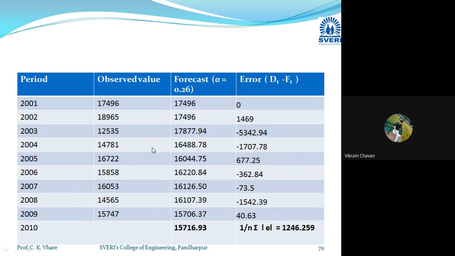Then for the next forecasting, f of t minus 1 is 17,877.94 and d of t minus 1 is 12,535. Use the formula and determine the forecasted value for the year 2004.